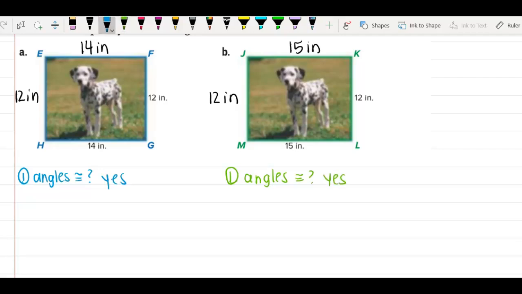So we have half the battle. We know that all the angles are the same because they're all right angles and they all have a matching pair. The next thing we have to ask ourselves is, are the sides proportional? And we have to check both sets of sides.